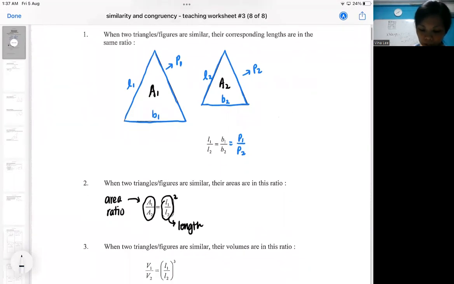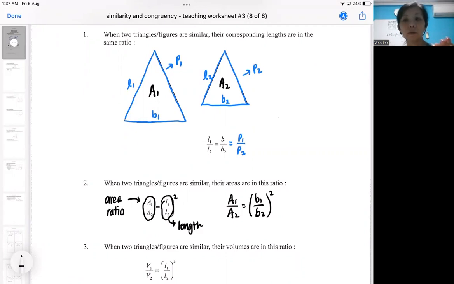Of course, you can also square the base ratio, or any length ratio that you can get. Later on, when we prove similar triangles, we get 3 length ratios every time, so we can take any of the length ratios to square. That is like a formula.